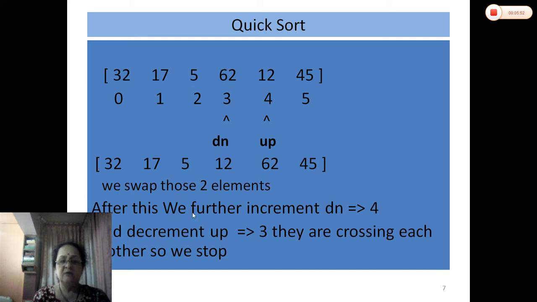After this we further increment down. Down was pointing towards 3, now it will become 4, and up was pointing towards 4, so we decrement further, so it becomes 3. This is the point where up and down cross each other, they meet each other and then they cross.